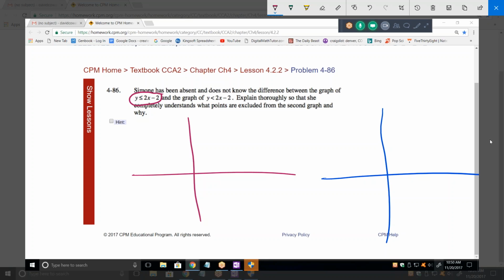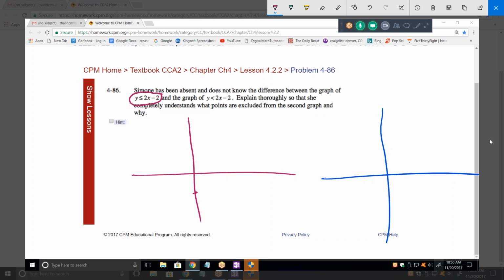Where would I start? Negative 2. Okay. How would I find a second point, which is all I need? 2 points make up a straight line. So all I got to do is find one more point and I can graph this thing.